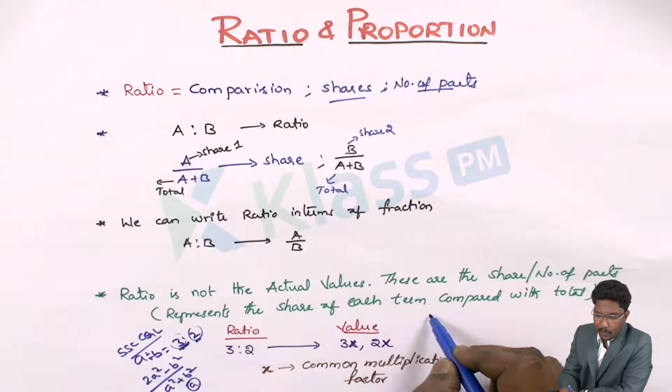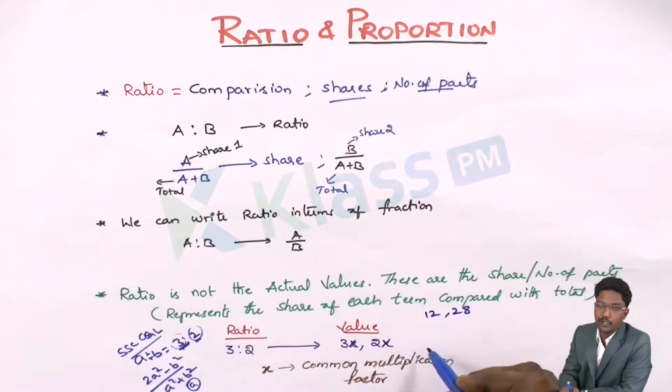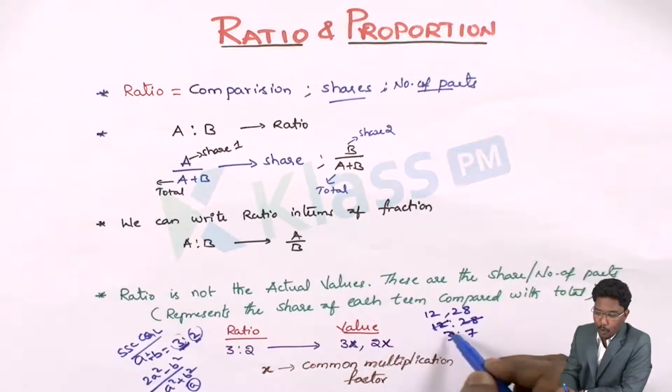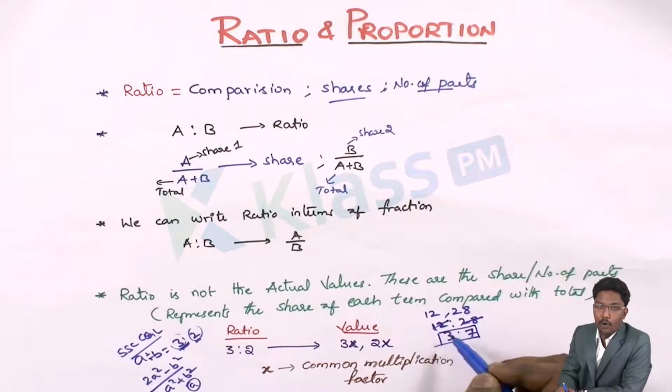For example, I have 12 and 28. The ratio between these two numbers: we cancel both values in the same table. 4 3s are 12, 4 7s are 28. Both values are cancelled by the same table. Then these two numbers are in the ratio 3:7. In this question, 4 is the multiplication factor for both values.